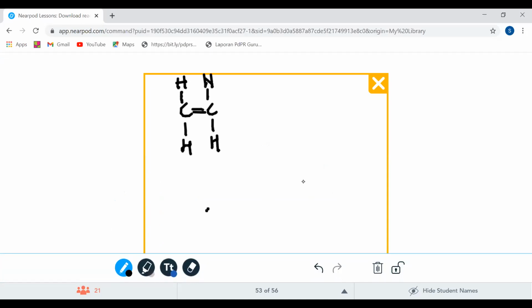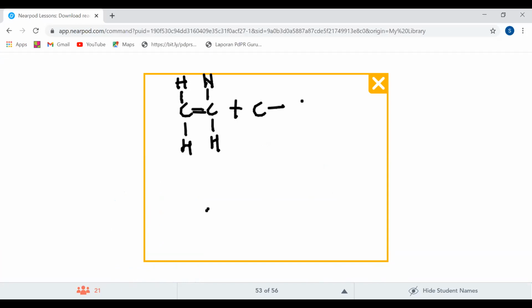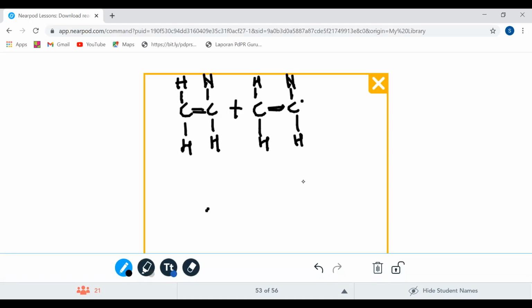As long as you see a double bond, it is a monomer. Teacher is adding ethene with another ethene. Then this I think is a polymer. A what? No such thing as a ponomer.